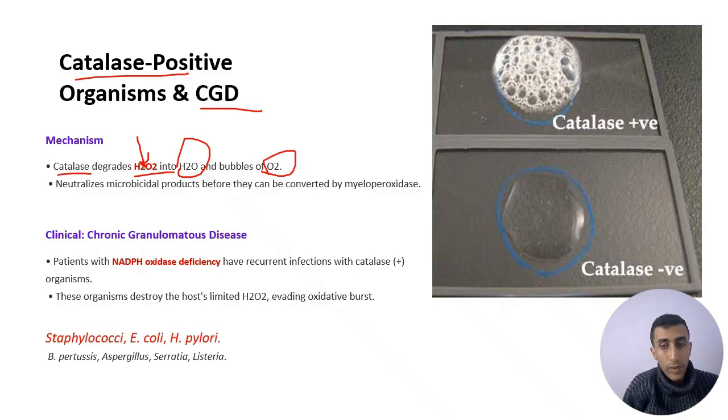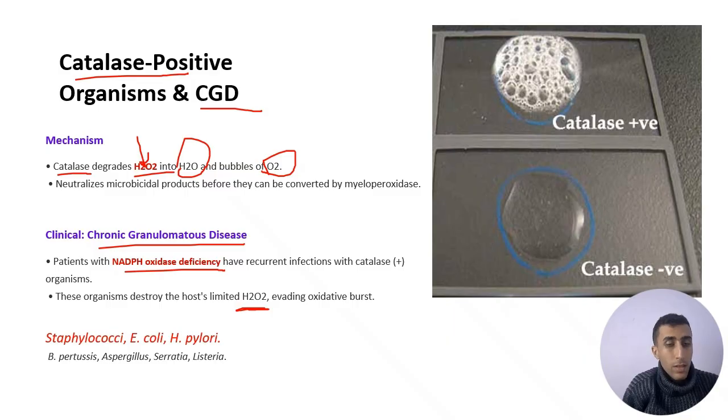Some people have a disease called chronic granulomatous disease. These patients have NADPH oxidase deficiency, and NADPH oxidase is supposed to provide H2O2 to fight these bacteria.